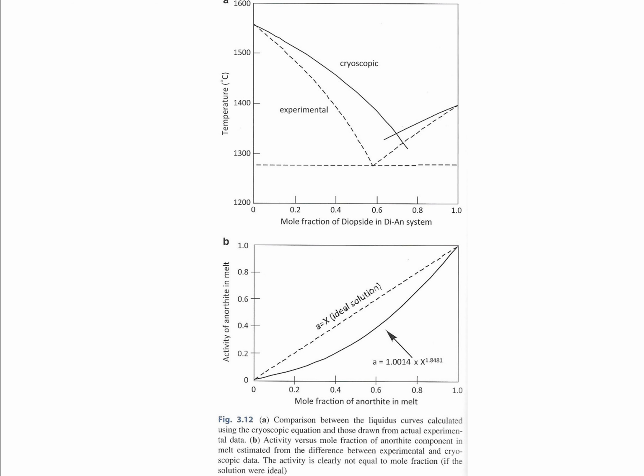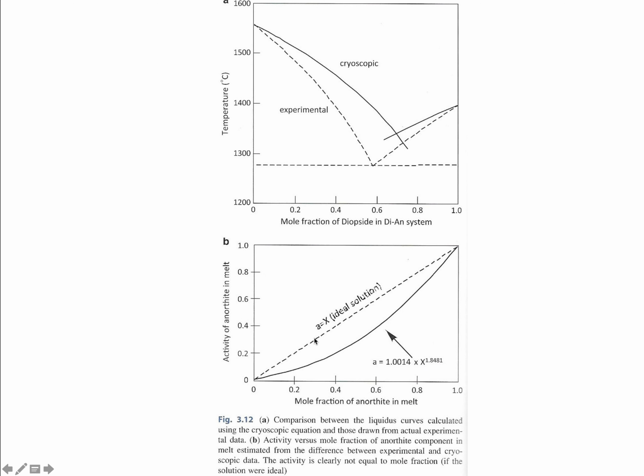And these differences arise because when we are doing experiments, we are always trying to make them as perfect as possible, but there is always some variation. As shown here, we have the activity of the anorthite melt.